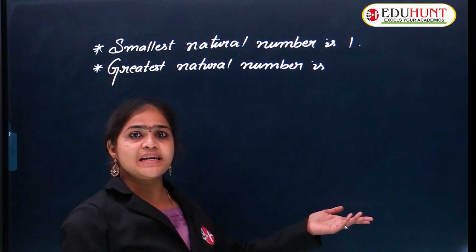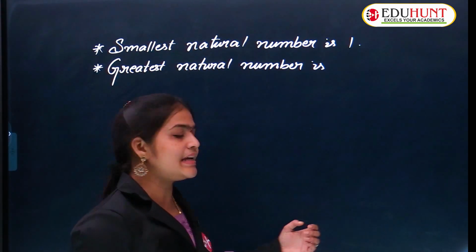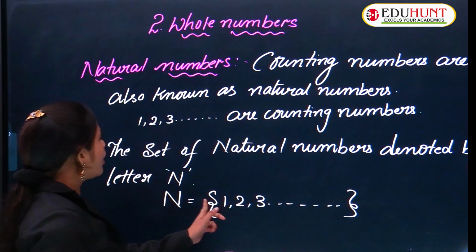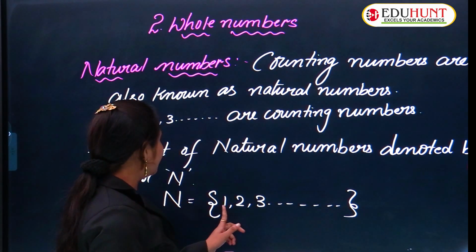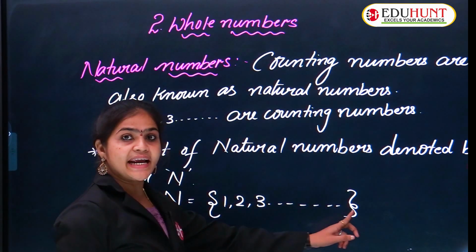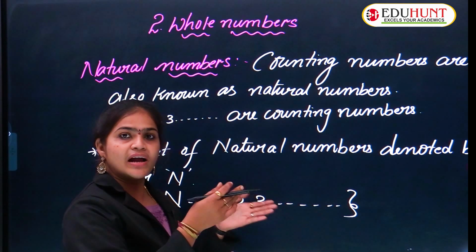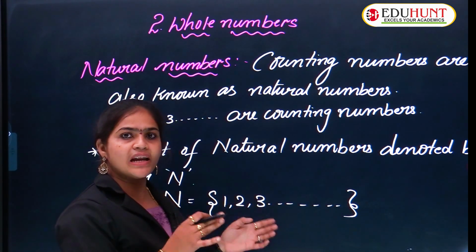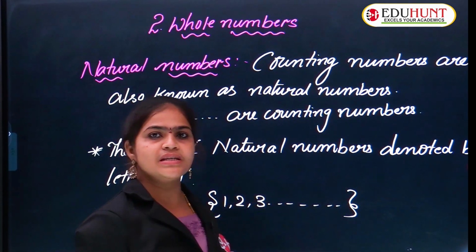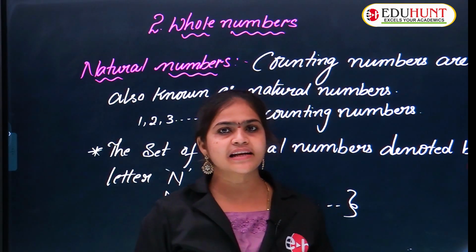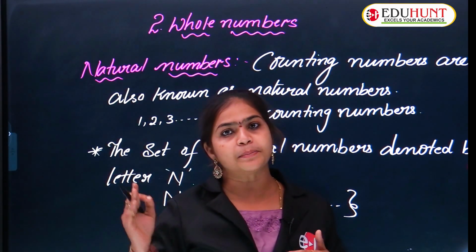What is the greatest number? We can't say. For the set of numbers represented by the letter N, we can observe 1, 2, 3, 4 and so on, and we can't say what the greatest number is. For example, suppose 1 lakh is the greatest number. Of course, numbers exist after it: 1 lakh 1, 1 lakh 2, and so on up to crores.